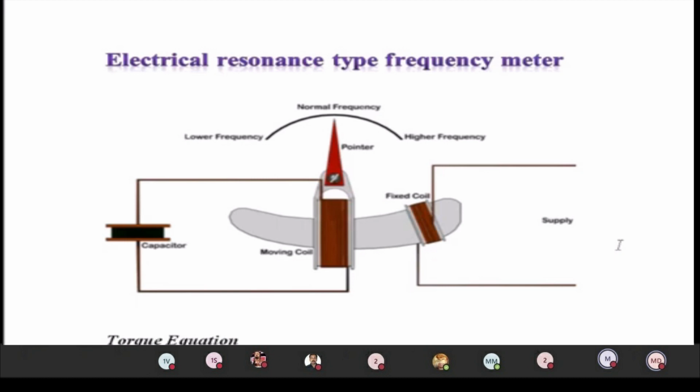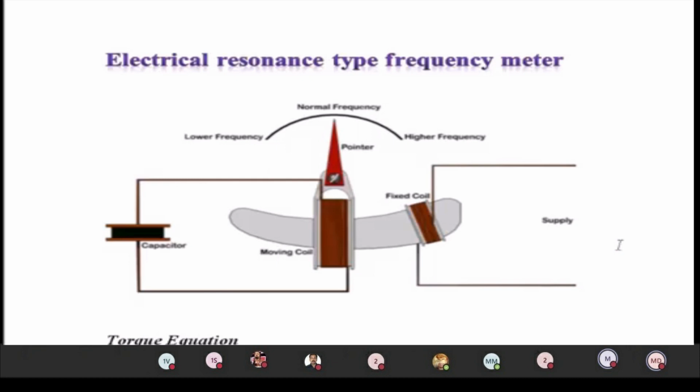Again, due to the magnetic flux, the moving coil is also going to induce EMF. So due to that EMF, a current will flow through the moving coil. So due to the torque as well as the attractive force, the fixed coil is going to attract the moving coil towards it. While moving, the inductive reactance of the moving coil is getting changed.